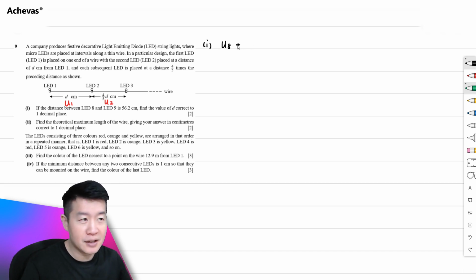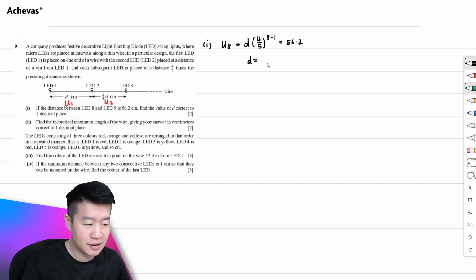U8, looking at a GP, the first term is D, the common ratio is 4 over 5, so D times 4 over 5 to the power of 8 minus 1 is equal to 56.2. This will help us to immediately solve for D. As long as the interpretation is correct, I really think this is extremely simple. So D is 268.0, to 1 decimal place according to what the question requires.